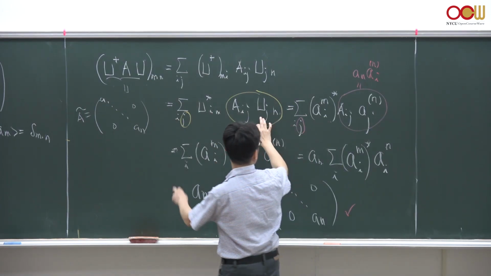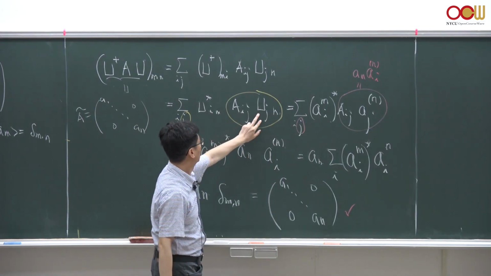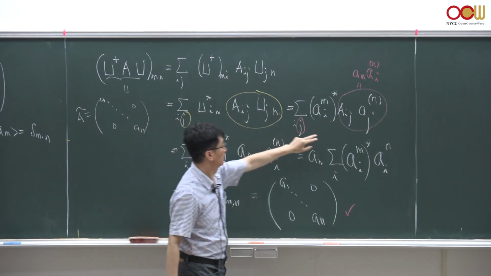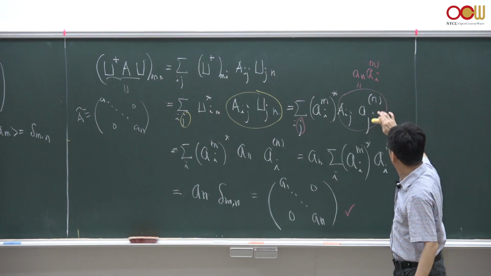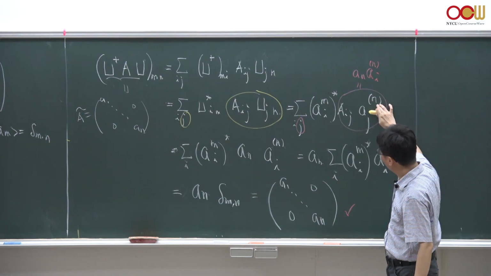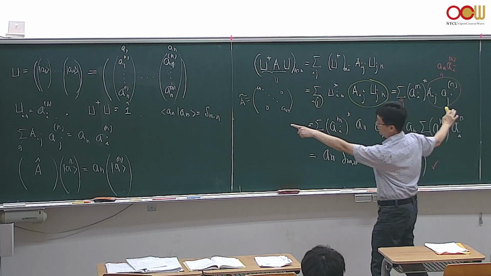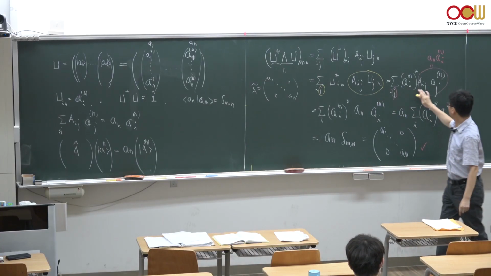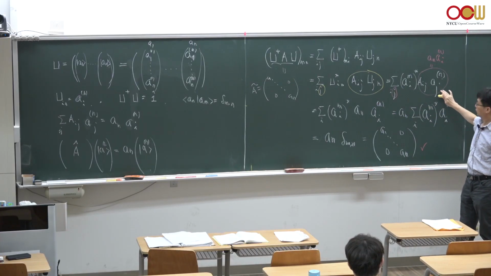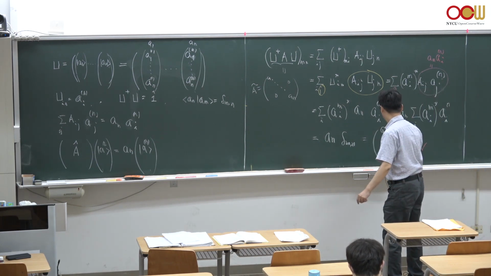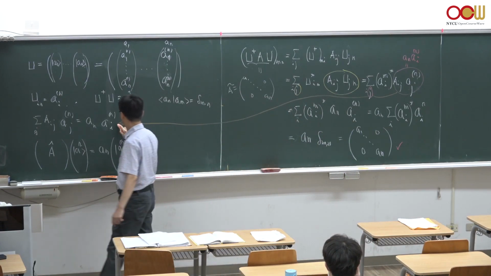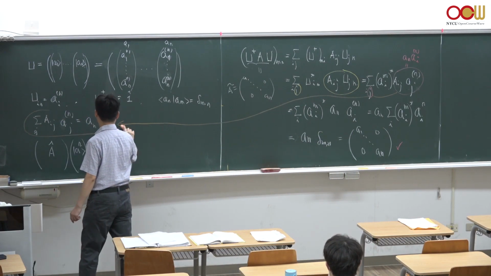If you simply expand this U_jn component as the j-th component of the n-th eigenvector that I defined over there, then you immediately see that this summation over j, A_ij times the j-th component of the n-th eigenvector, is nothing but the eigenvalue equation over here.